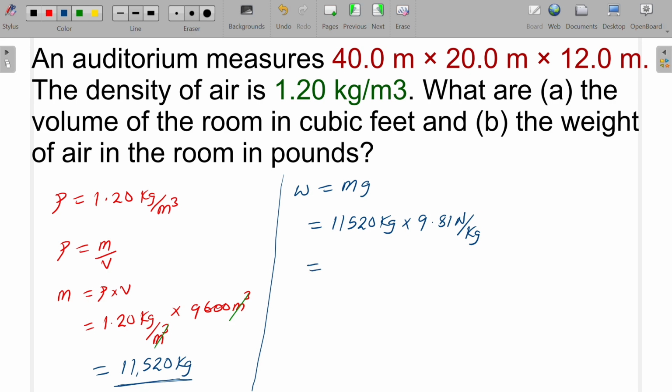When we do the mathematics, you can see kg and kg cancel, and our answer, according to my calculator again, is 113,011.2 newtons. So this is our weight in newtons.